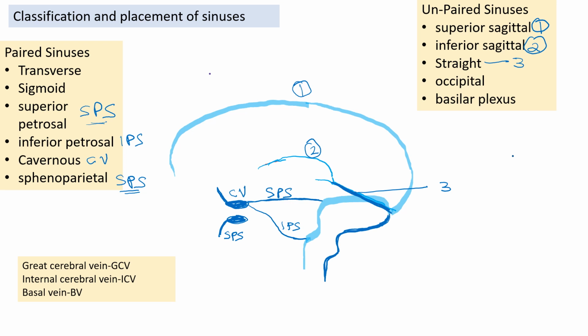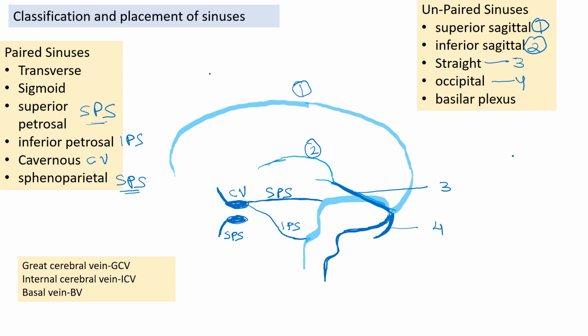The occipital sinus I haven't made till now. It lies in the midline along the attached margin of the falx cerebelli, so the occipital sinus would be number 4, and the basilar plexus of veins is present along the clivus. I'm not drawing that, so that we have a clear diagram.